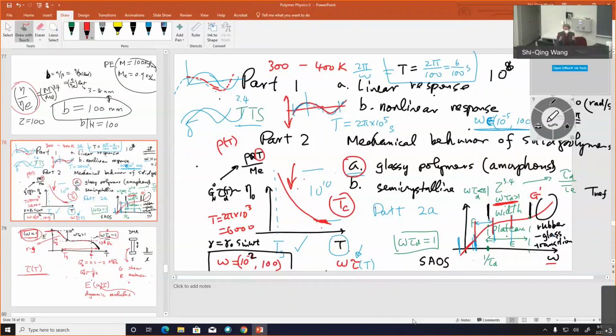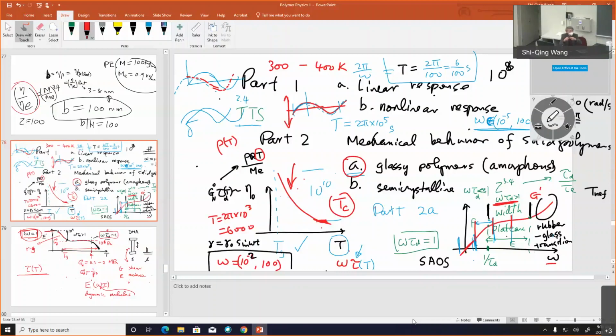Crystallization, I don't have time to expand on that issue, for many people in the literature has the effect of gelation. Upon crystallization, it's like the samples start to gel.